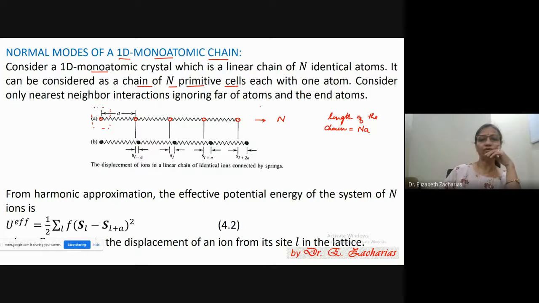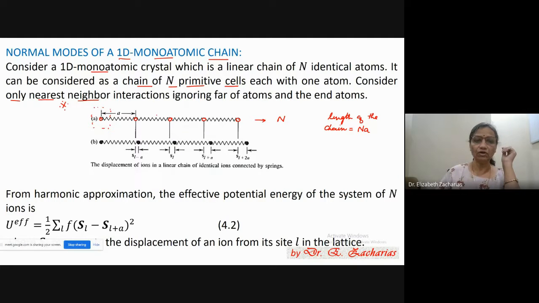Another assumption is that we will consider only nearest neighbor interaction, and pretend as if the other atoms are not affecting this one.